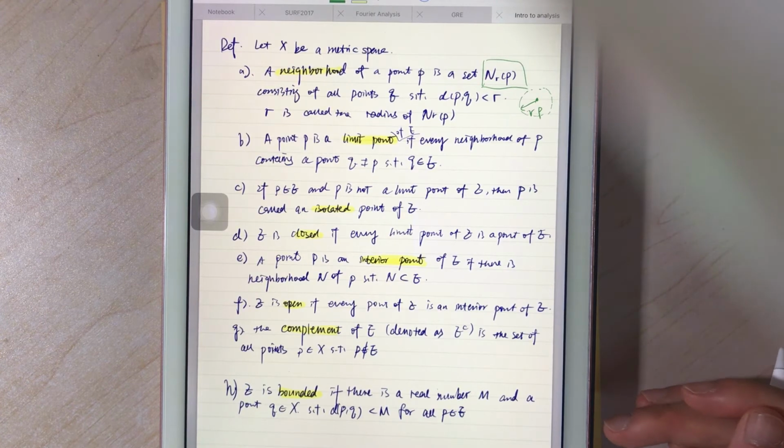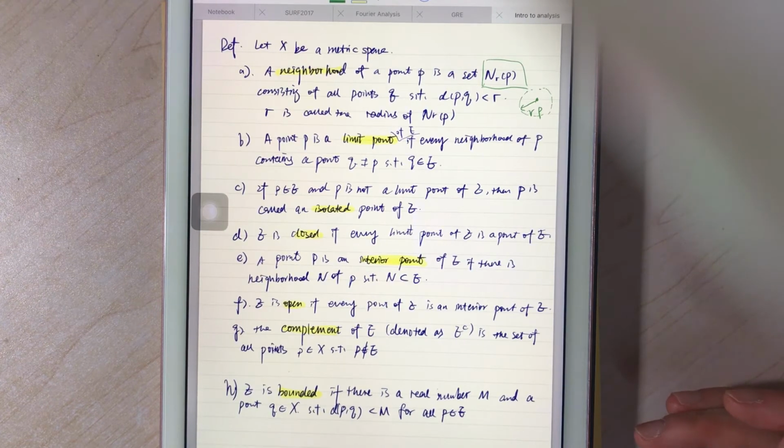Okay. H, E is bounded if there is a real number M and a point Q contained in X such that the distance between the two points P and Q is less than M for all P that lie in E. You can just imagine the two-dimensional case: if a set E is bounded, then you can always find a circle that contains all the points of E, right?